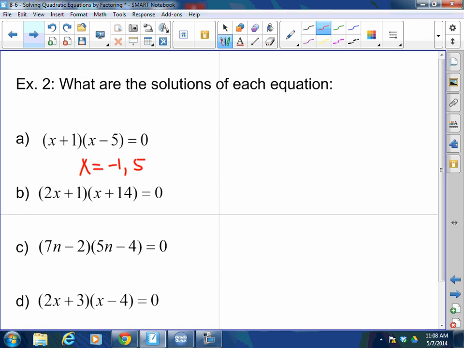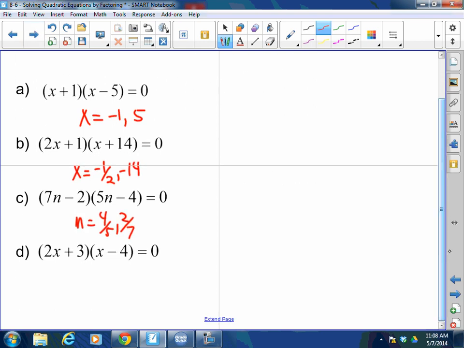For b, x will equal negative 1/2 and negative 14. For c, x will equal 4/5 and 2/7. Excellent. For letter D, the solutions are x equals negative 3/2 and 4.